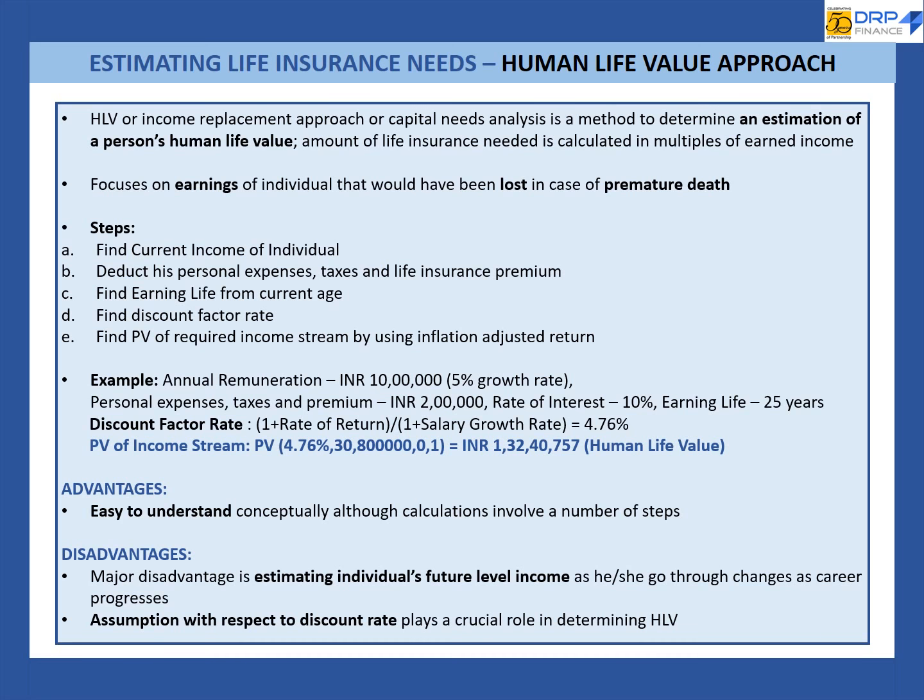After this, we will calculate present value of income stream by using Excel or financial calculator. The value comes out to be 1,32,40,757. This approach is easy to understand conceptually, although calculation involves a number of steps.